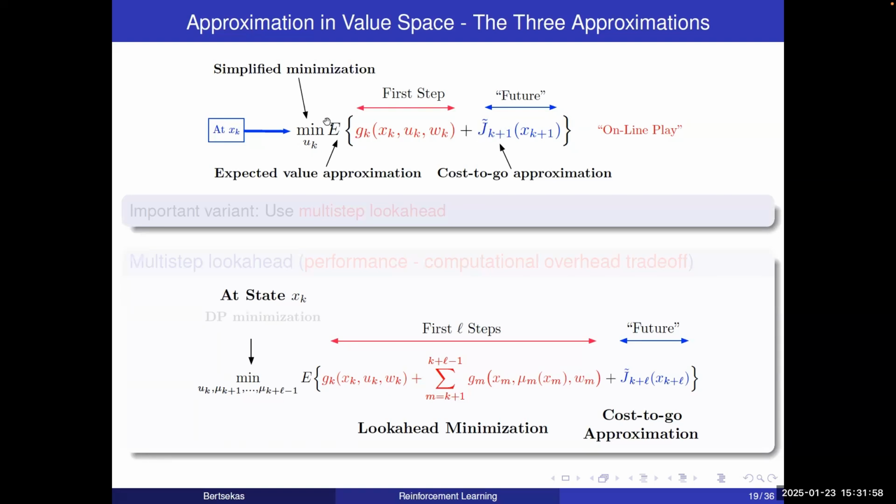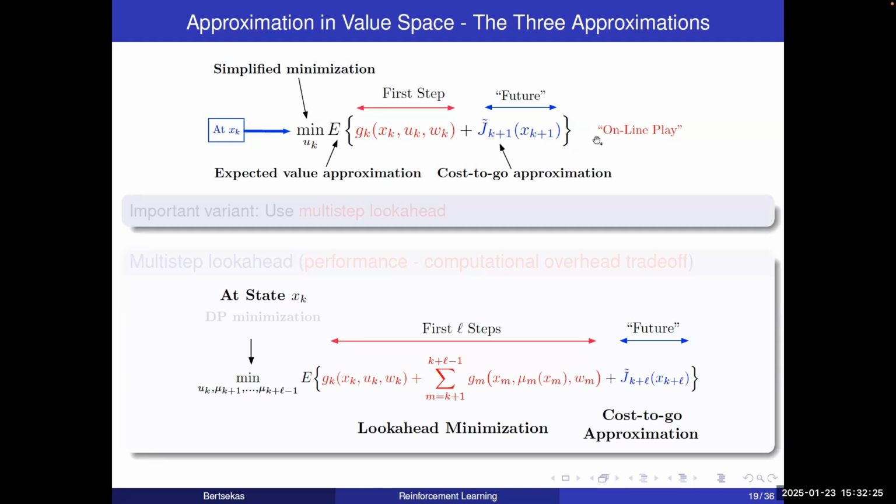Take the expected value in case we have a stochastic problem, and then minimize over UK. So that's approximation in value space with one step look ahead. And it's an online play algorithm. Offline training gives you this J tilde. Online play is this control calculation going forward.